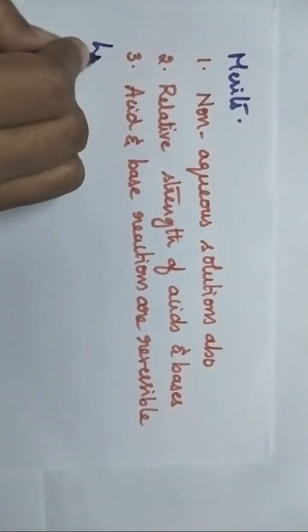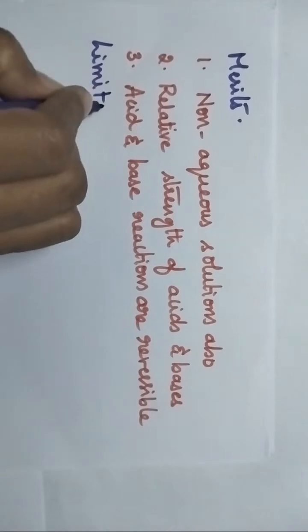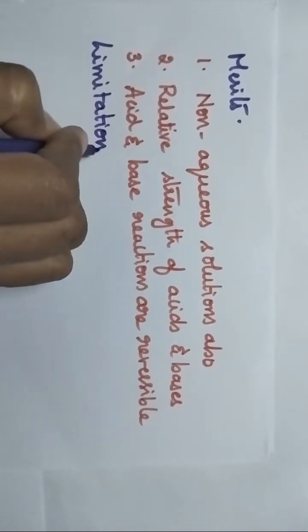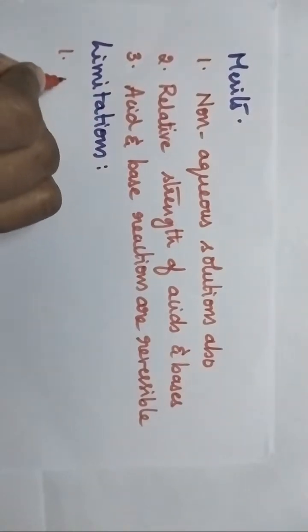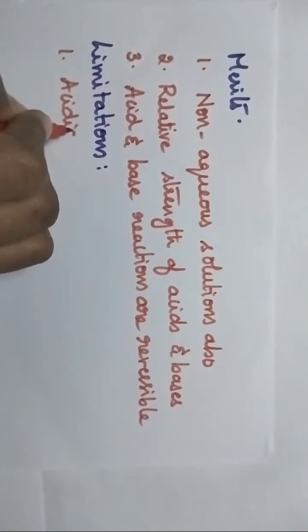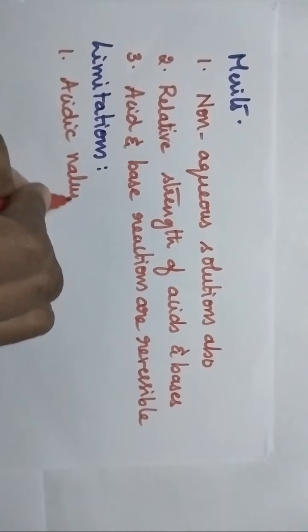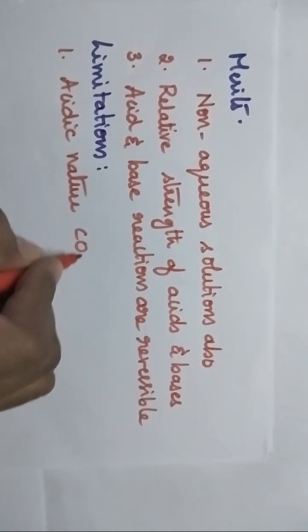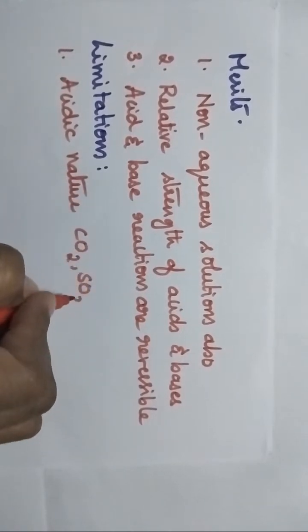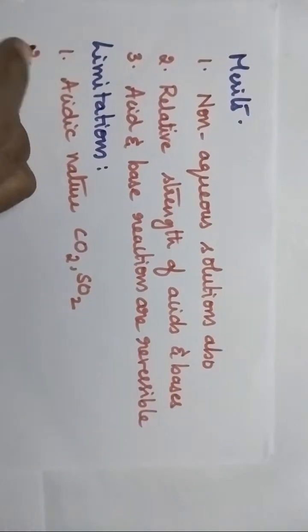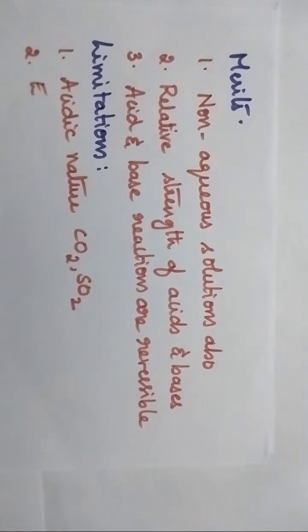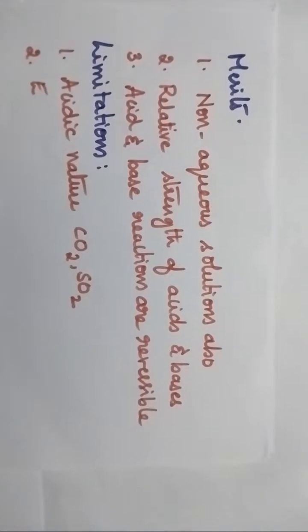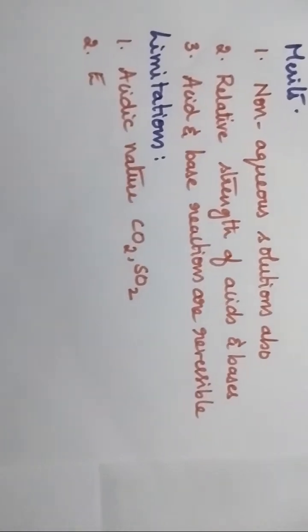Coming to the limitations. This theory fails to explain the acidic nature of non-protonic substances such as CO2, SO2, etc. At the same time, it fails to explain the acidic nature of electron deficient compounds.